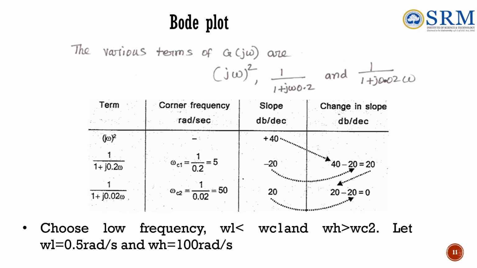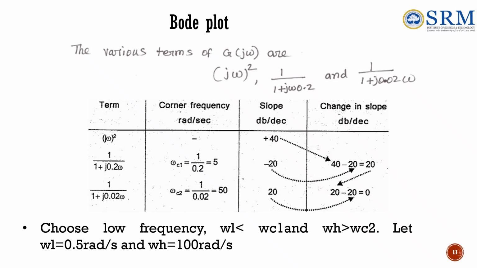This table consists of 4 columns: term, corner frequency in radian per second, slope in dB per decade, and change in slope in dB per decade. The terms can be found from the given frequency domain transfer function: (j omega) the whole square, 1 by (1 plus j into 0.2 omega) and 1 by (1 plus j into 0.02 omega).